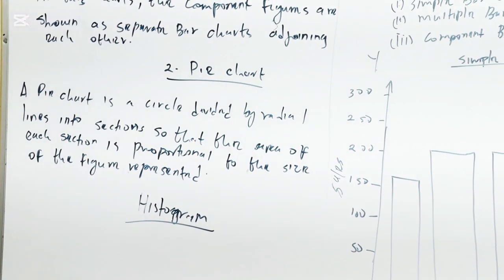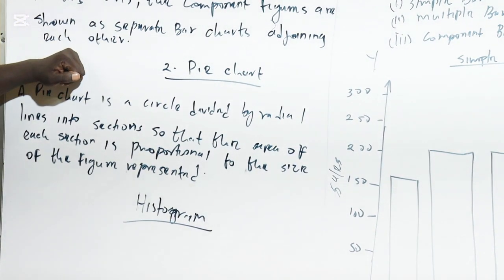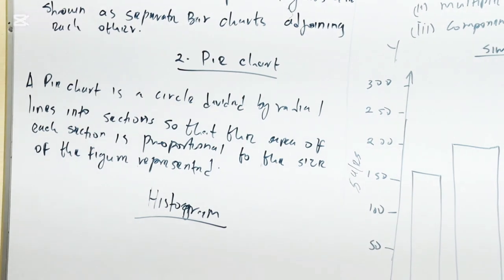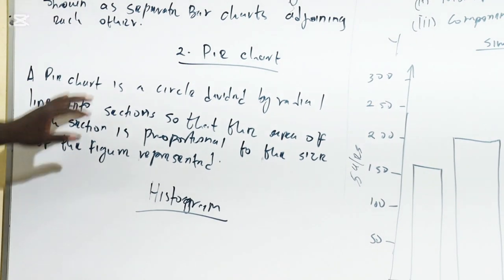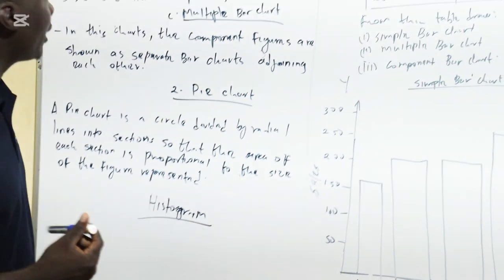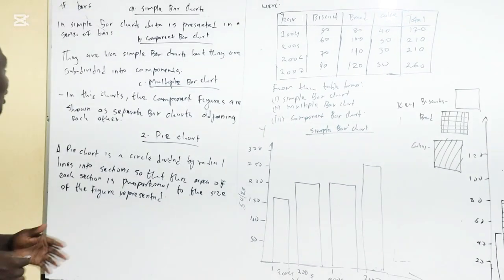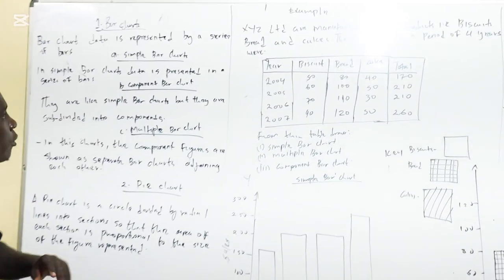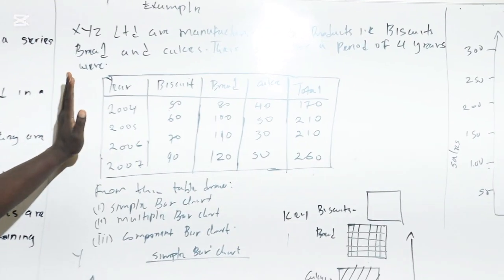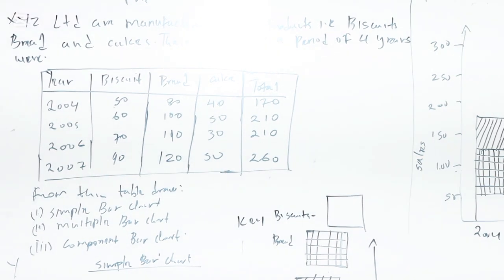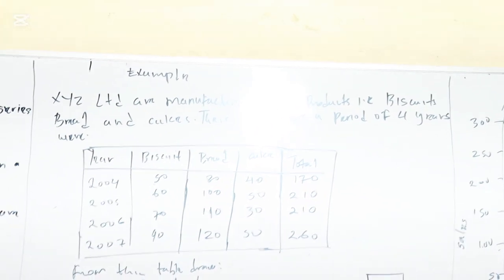Also, I'll explain more about the pie chart and I'll give the formula for calculating each and every component when we start doing the pie chart. This is just a definition of a pie chart. Then I'm done with the pie chart and the bar graph. Now I'll give one example for the bar graph or bar charts. Then I'll come to the pie chart, then histogram, and so on and so forth.